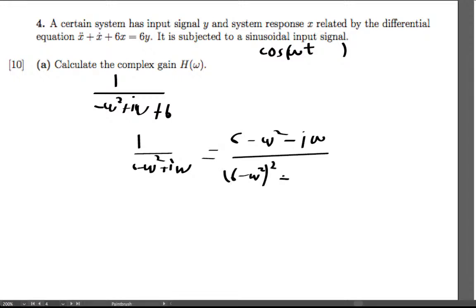plus omega squared, which is something that I won't really compute because I know that would be 36 minus 11 omega squared plus omega cubed. But I am too lazy to solve this, and then somehow there's a 6 at the front.